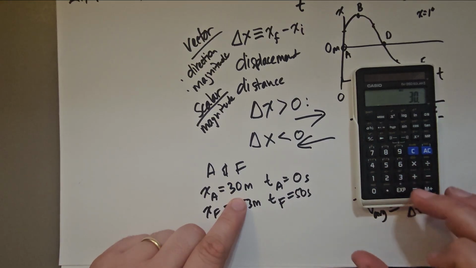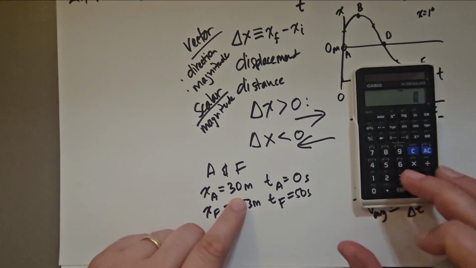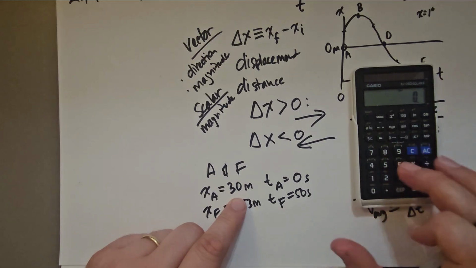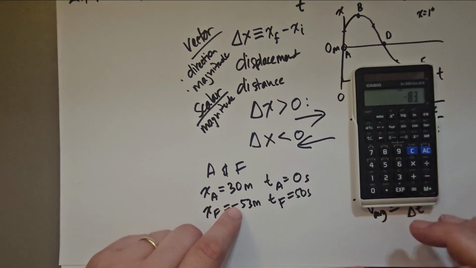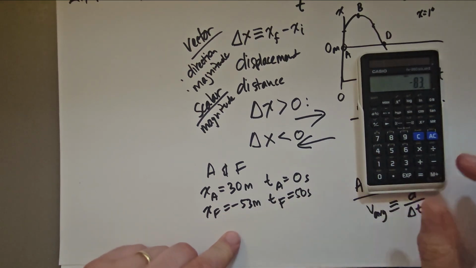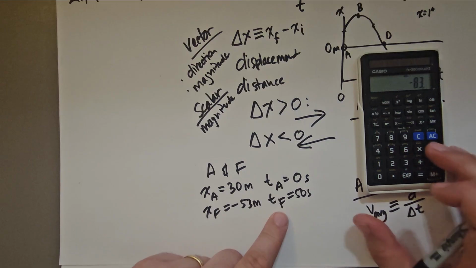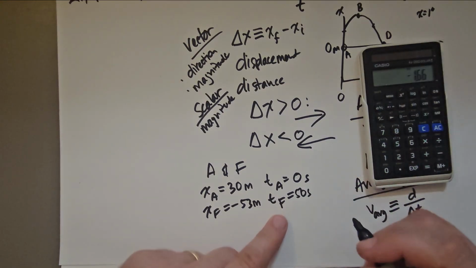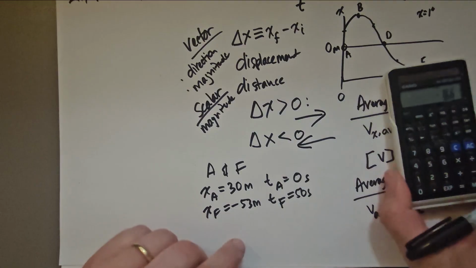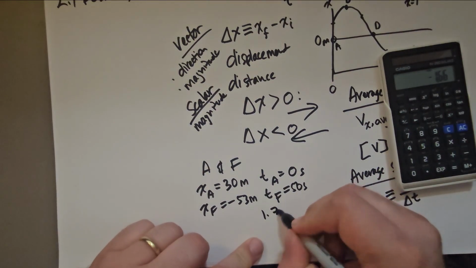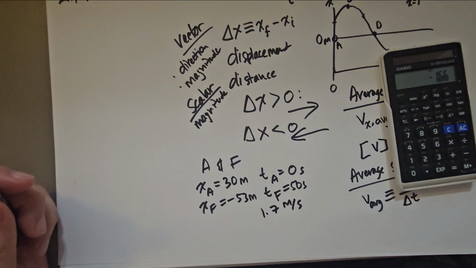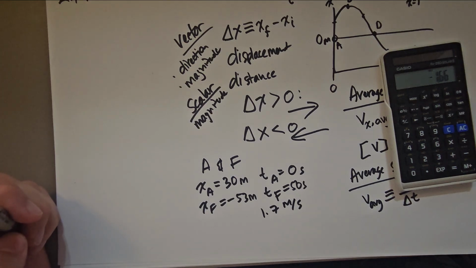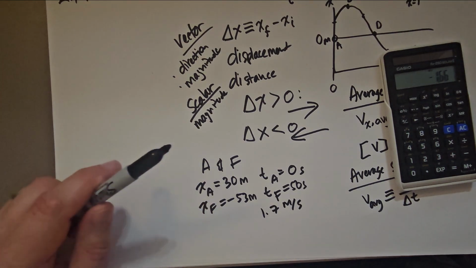So minus 53 minus 30 equals minus 83 meters. And then we're going to divide that by 50. That's 1.66, but we're doing two significant figures, so it's 1.7 meters per second. And the displacement is just minus 83.